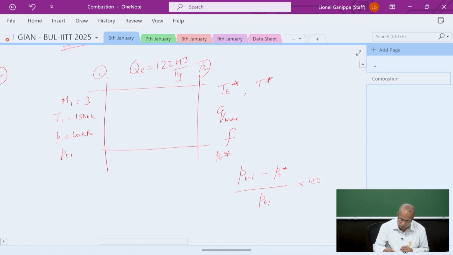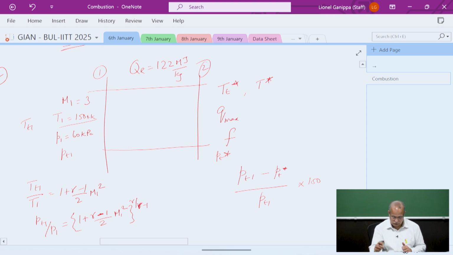You can find TT1 from this relationship: TT1 by T1 is equal to 1 plus gamma minus 1 by 2 M1 square, and PT1 by P1 is equal to 1 plus gamma minus 1 by 2 M1 square to the power gamma by gamma minus 1. You can use these expressions to find PT1 or TT1 if required.